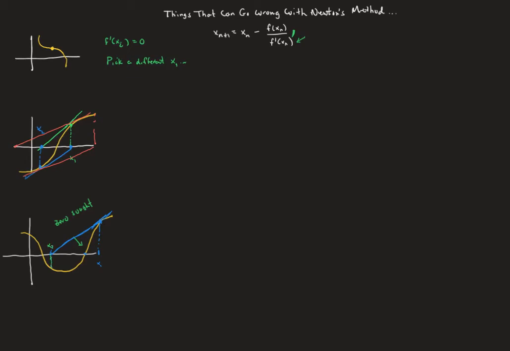We try to repeat the process, but now we get our tangent line, and it's going to go over here. And now all of a sudden, we're going to start homing in on a zero, but the zero that we're going to find isn't the one that we wanted. We're going to end up with that zero over there. And so sometimes you have to be very careful where you make your first guess.